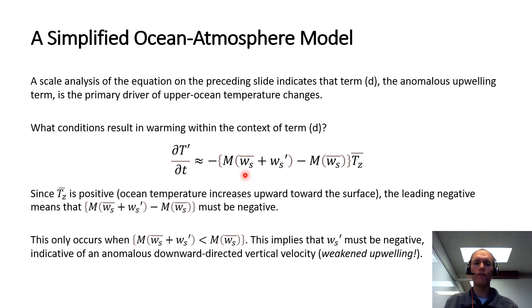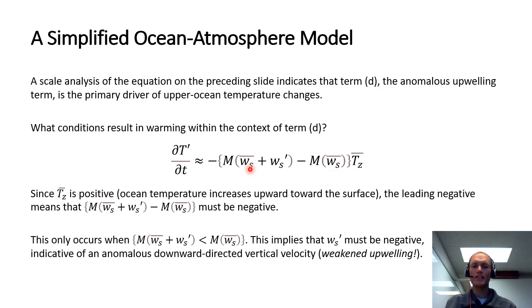If we're focusing on the central and eastern equatorial Pacific Ocean, we typically have easterly trade winds that are associated with upwelling of relatively cold ocean waters. And so those easterly trade winds drive this climatological upper ocean vertical velocity that is directed upward. And so consequently, this M term ends up being just W sub S bar because it is positive.